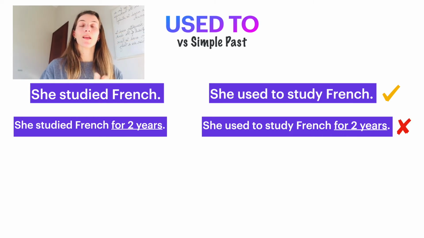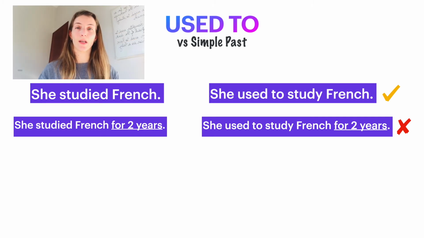Porque tenemos una referencia específica en el tiempo, de cuándo ocurrió en el pasado. ¿Cuánto duró esta acción? It was for 2 years. So it doesn't sound okay if I say she used to study French for 2 years. Entonces, cuando yo tengo una referencia al tiempo, como en este caso la duración de la acción, no lo puedo reemplazar al pasado por used to. ¿Ok?